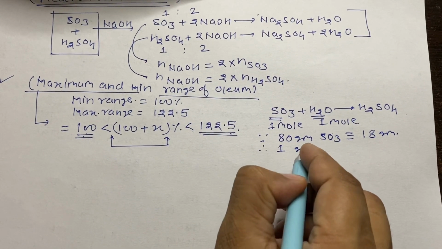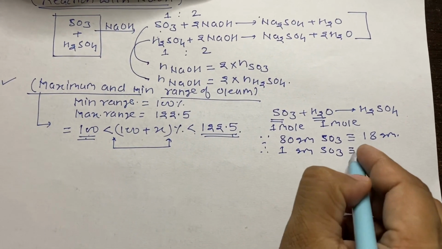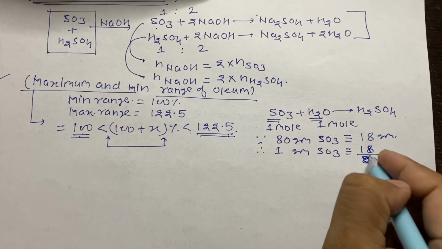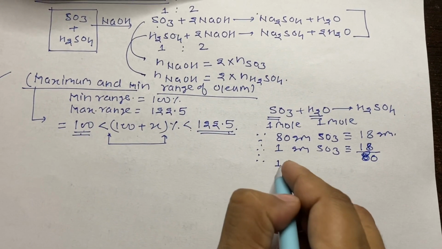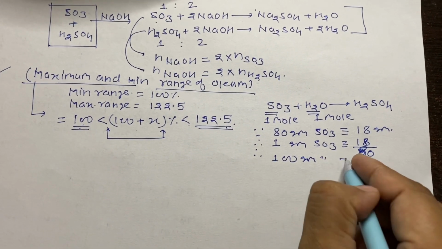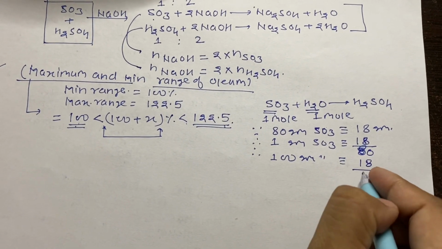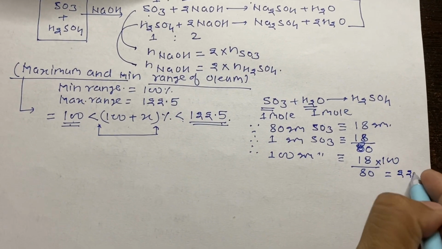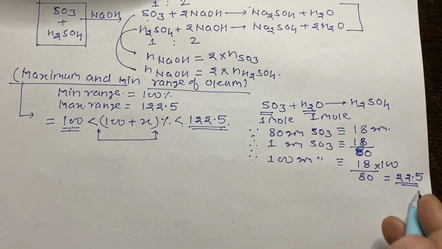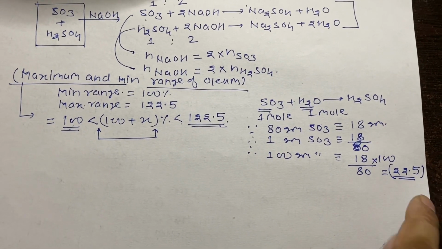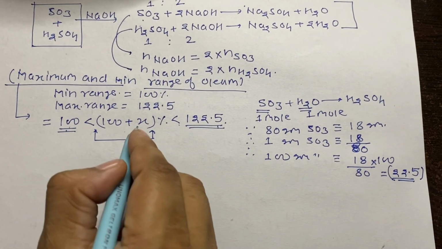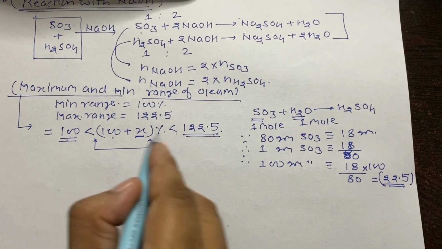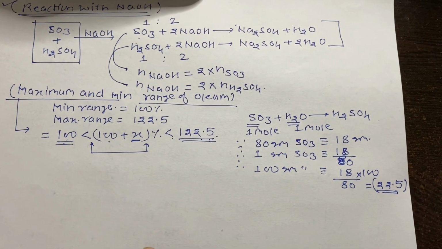So for 1 gram of SO3, it will be 18 by 80, and for 100 gram, 18 by 80 into 100 gives 22.5, and this is the amount of water. So we add 100 plus 22.5, which gives the maximum range of oleum.